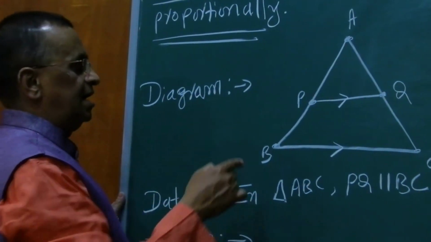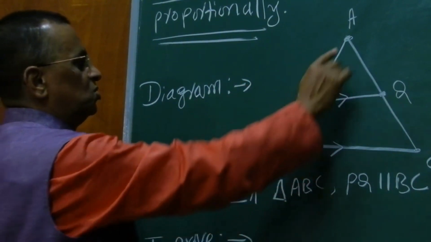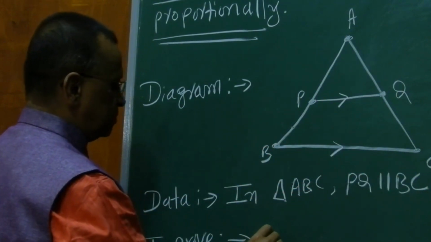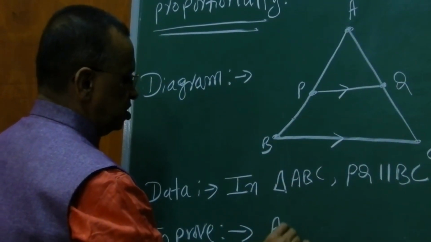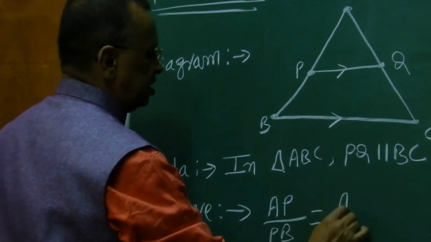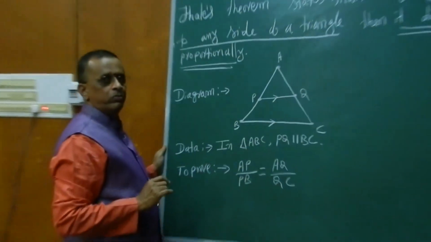Therefore, we write AP over PB is equal to AQ over QC. We have to prove AP over PB equals AQ over QC.